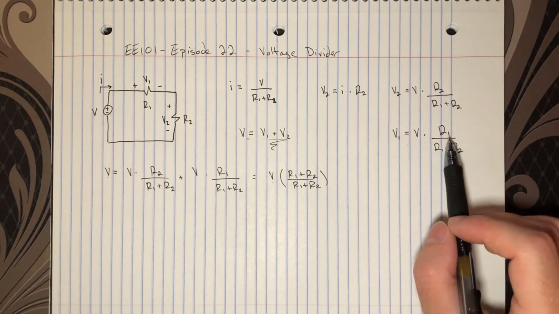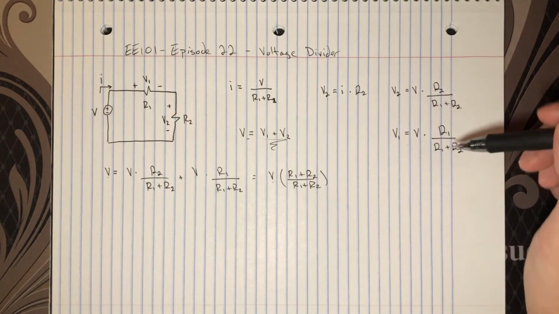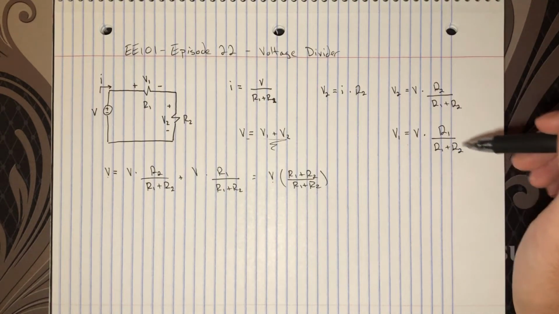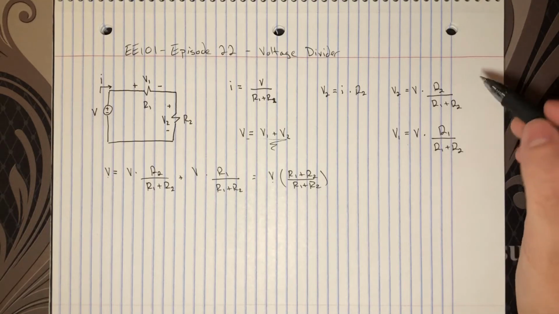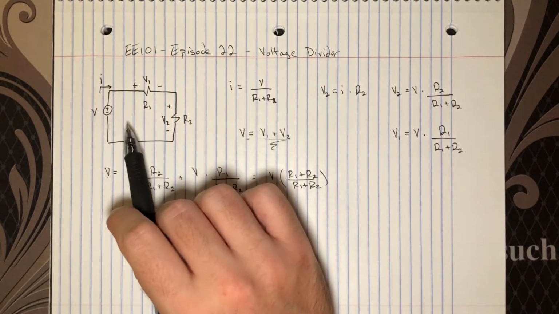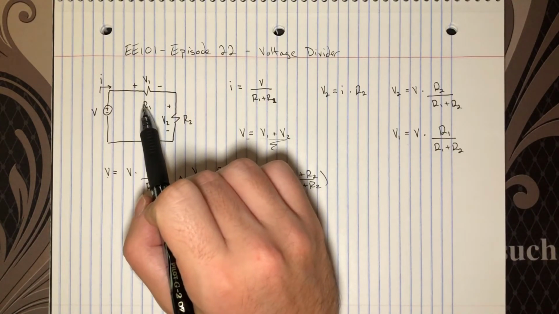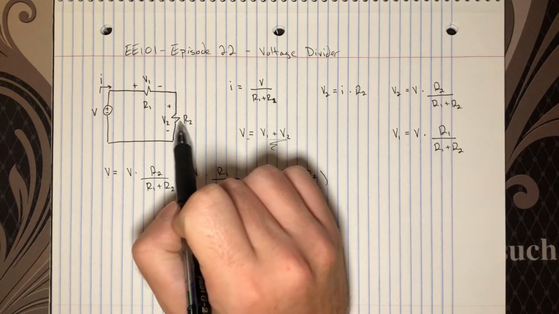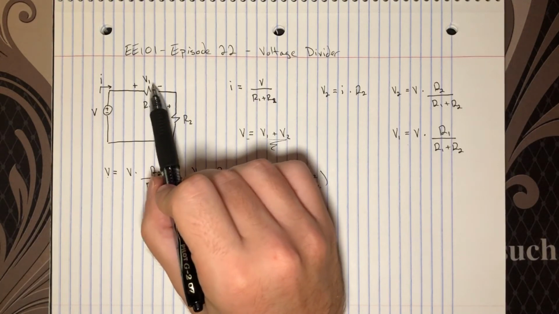So the bigger and bigger that R1 gets, the closer this ratio gets to 1, assuming R2 stays constant. And so what you would see in that case is if you had one resistor that was much, much larger than the other, it would eat up almost all the voltage.